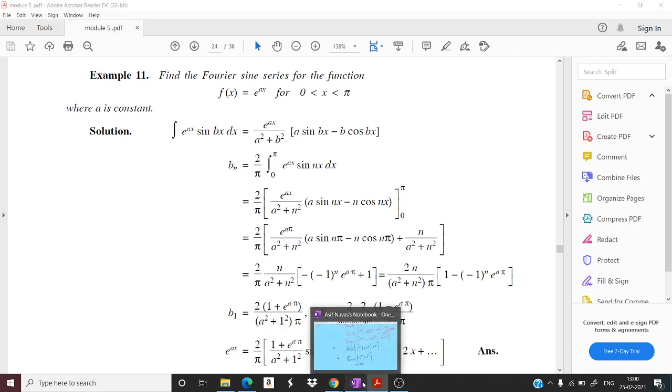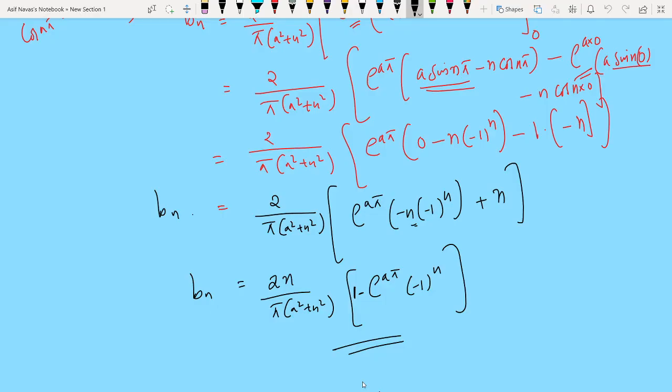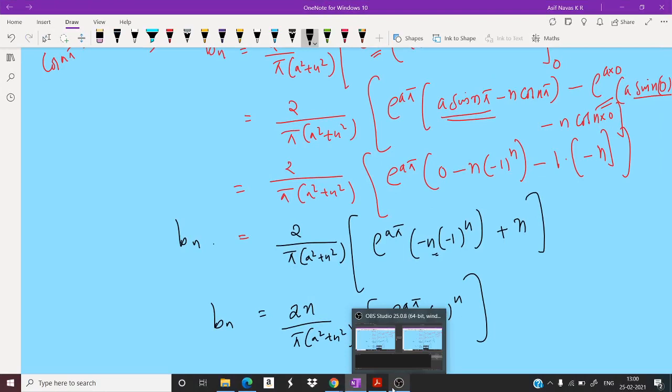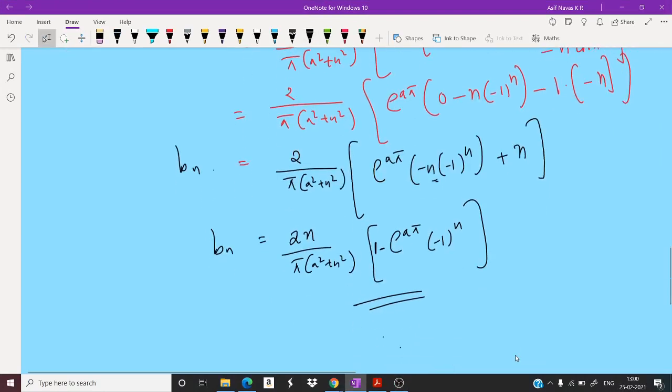So this is bn. Let us check that. bn is 2n over a square plus n square pi, times 1 minus minus 1 power n e raised to a pi. So our answer is this.